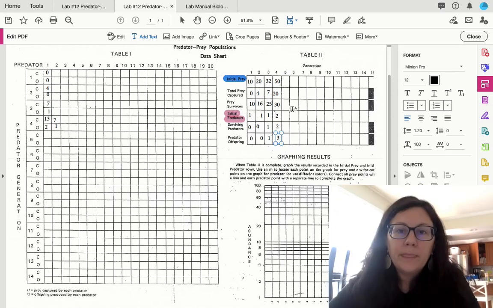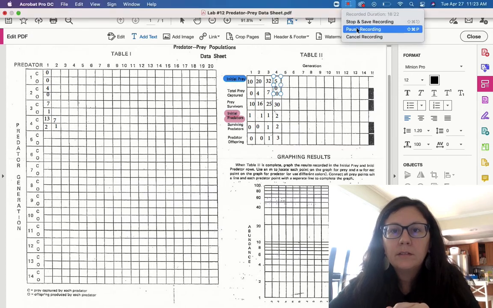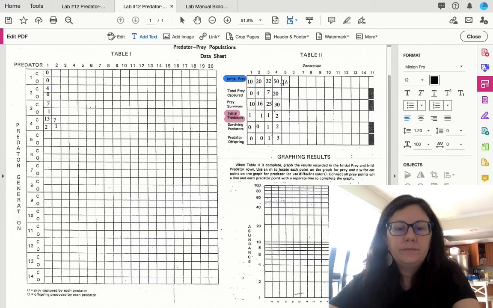So now you determine the starting population of mice. The starting population of mice is 30 doubled, so that's going to be 60.